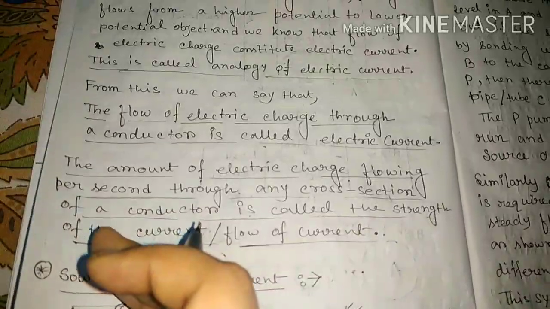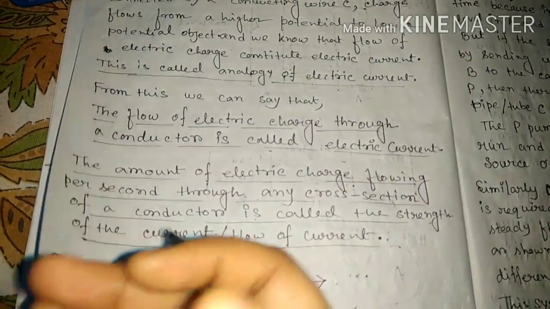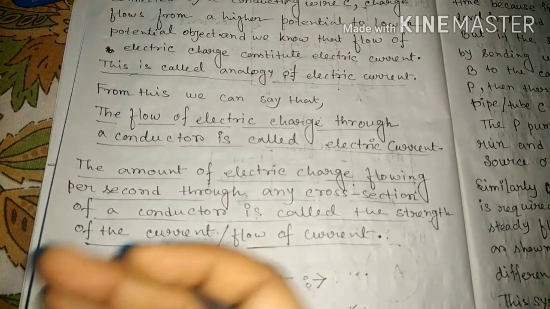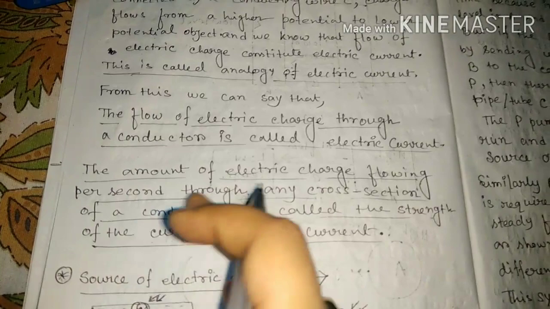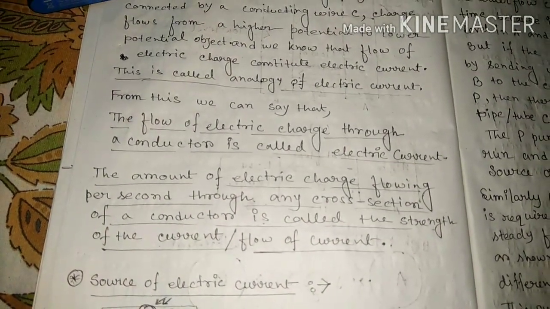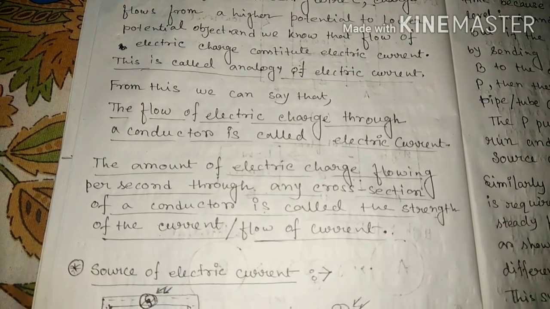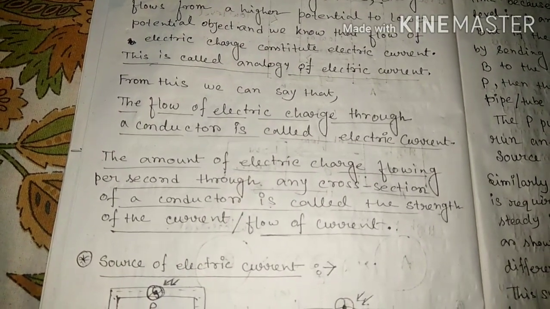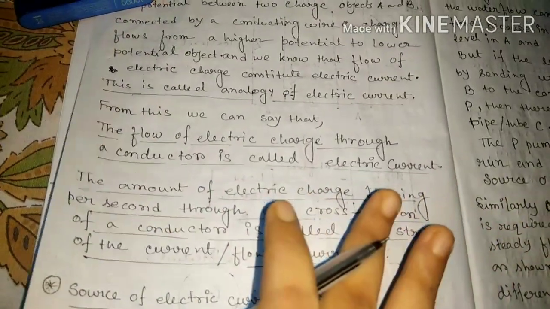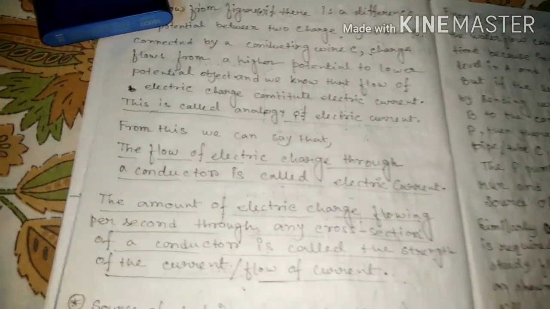If 3 coulombs, it constitutes 3 ampere current. Between 2 and 3, which one is stronger? 3 ampere current, it's the larger value. That's why we say that the amount of electric charge flowing per second through any cross section of a conductor is called the strength of the electric current. I think it is clear now why we drew those two pictures and compared them.